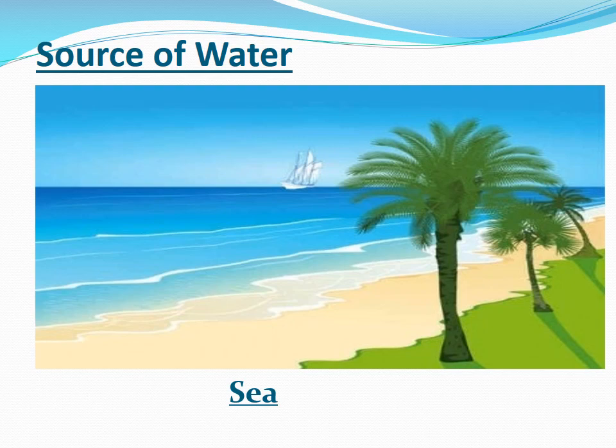But sea water is very salty. It is not fit for drinking, but we can use this water in industries and factories. The sea beaches are also very beautiful. Have you ever visited a beach with your parents?